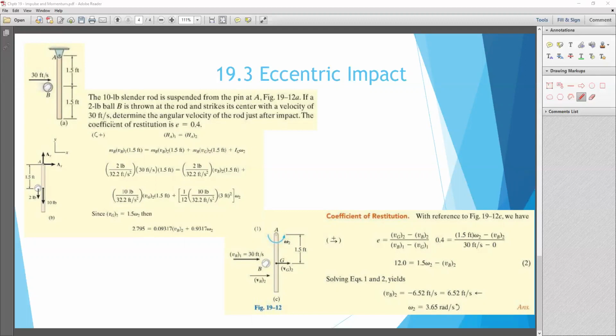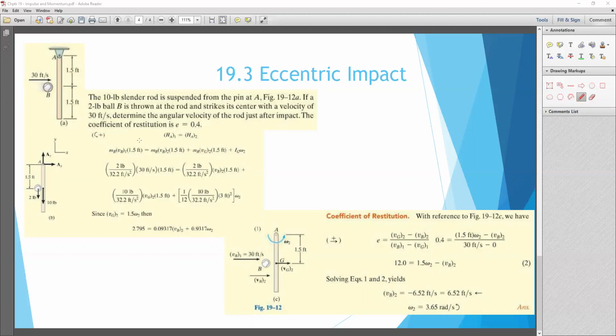The coefficient of restitution, which is a measure of how elastic the impact is, is given here as 0.4. To begin with, we look into the angular momentum of the system before and after.